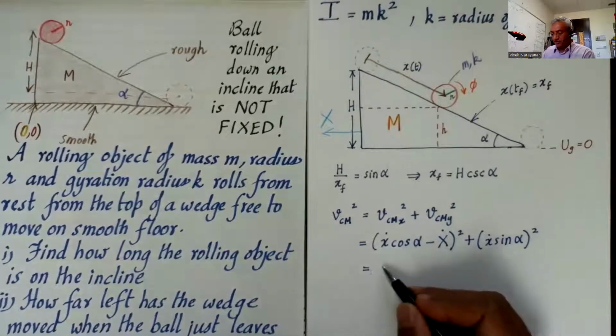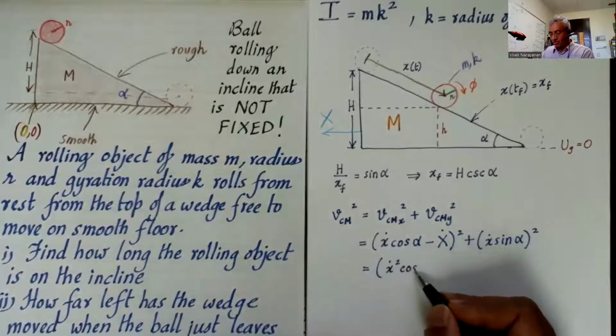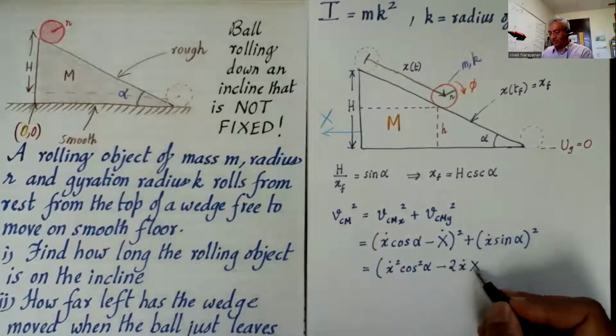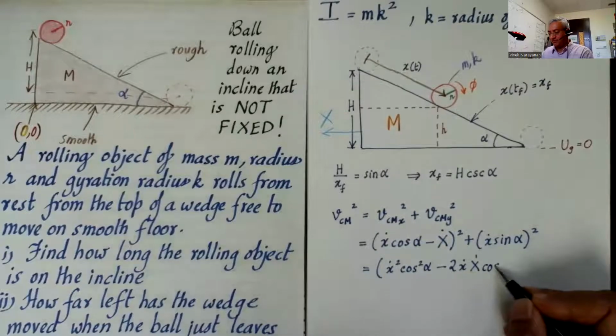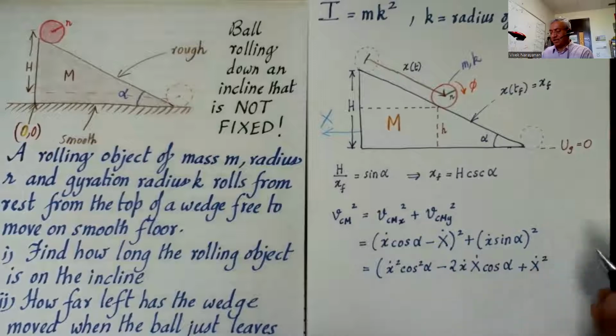Let's simplify this. If I simplify this, I get x dot squared cosine squared alpha minus 2 x dot capital X dot cosine alpha plus capital X dot squared. And then I get x dot squared sine squared alpha.